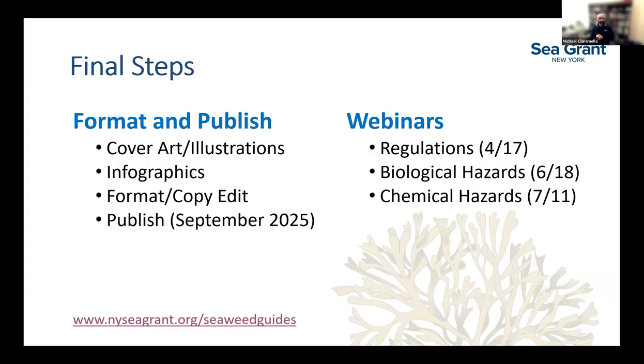As soon as we get our reviewers' comments addressed and our final chapters edited, we're going to enter that formal copy editing and formatting phase, ultimately planning for publishing this resource in September of 2025.